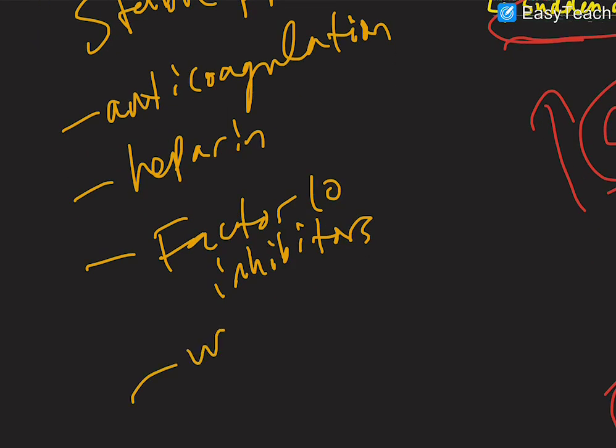Even warfarin, right? But if you do warfarin, you just have to be careful for patients that are at a higher risk of forming clots. All right. Like, for example, if they have some sort of heart disease, or if they have some sort of clotting disorder, right? Like protein C deficiency, for example, or if they have a mechanical heart valve, right?